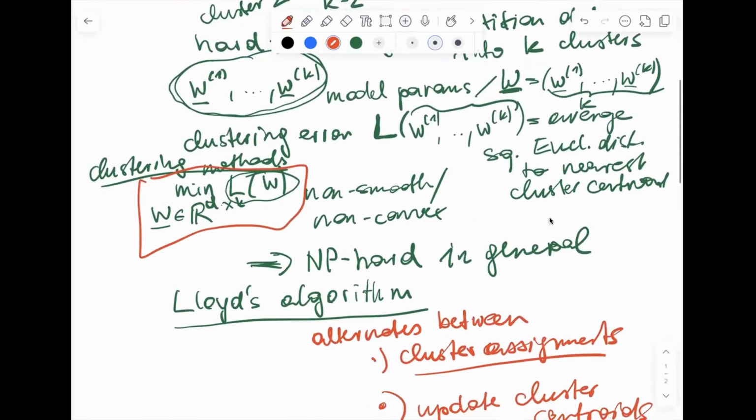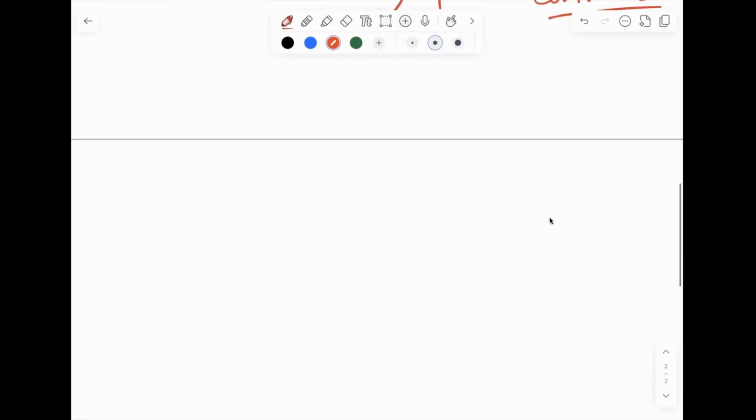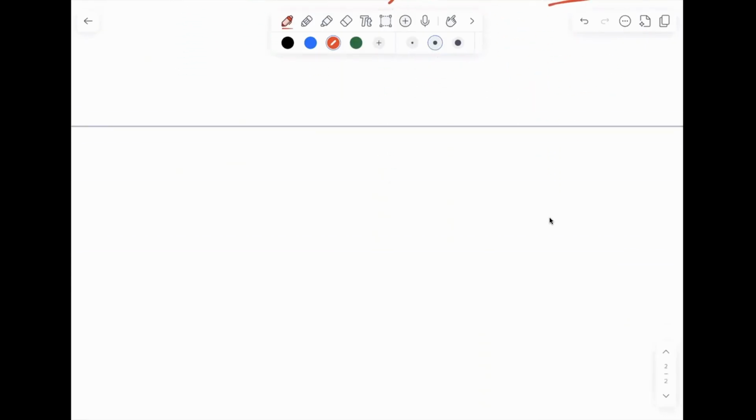So we are now interested in our current work: how can we make this federated? So how can we design federated clustering methods?